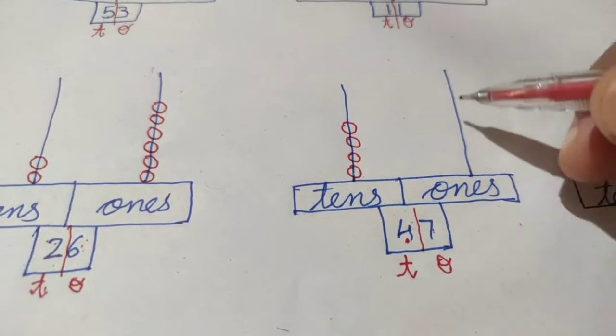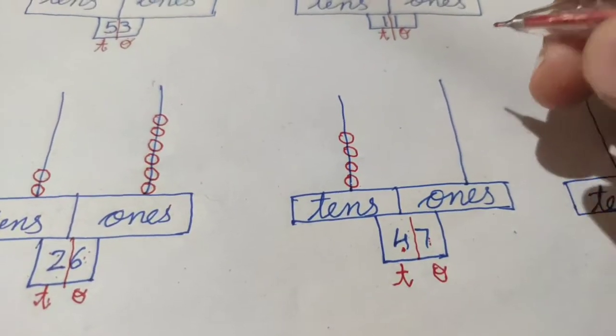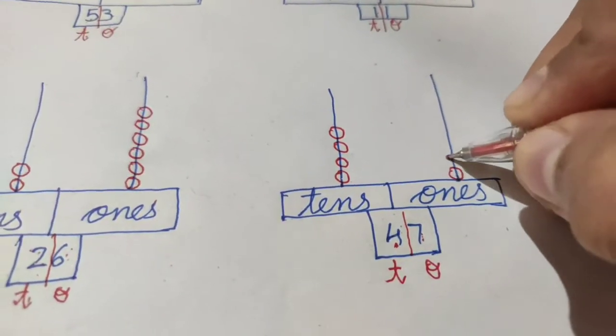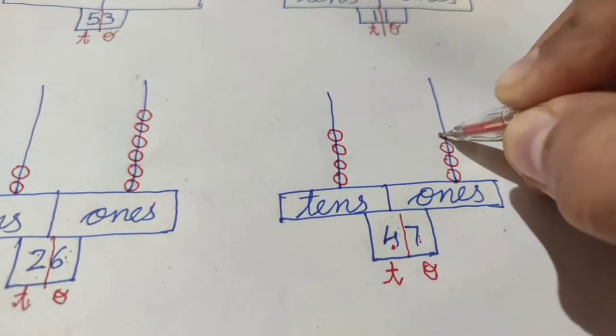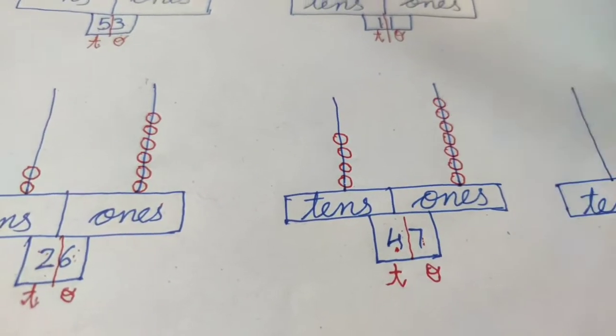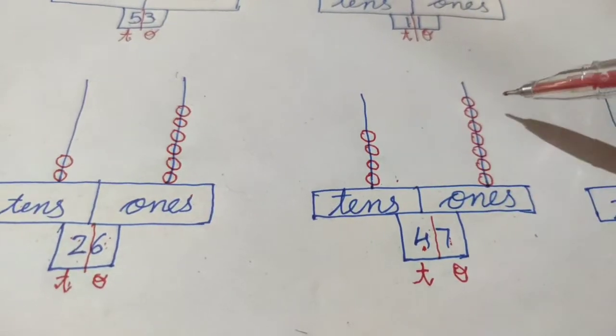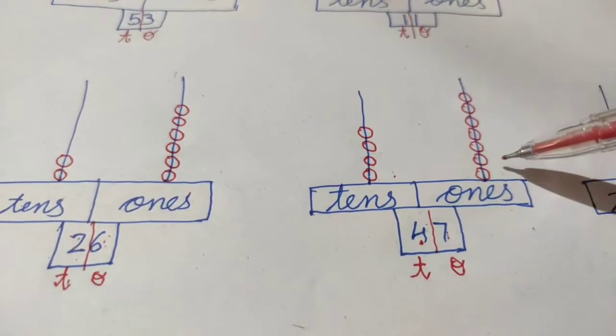And in the ones rod we draw 7 beads: 1, 2, 3, 4, 5, 6 and 7. So 4 tens plus 7 ones.